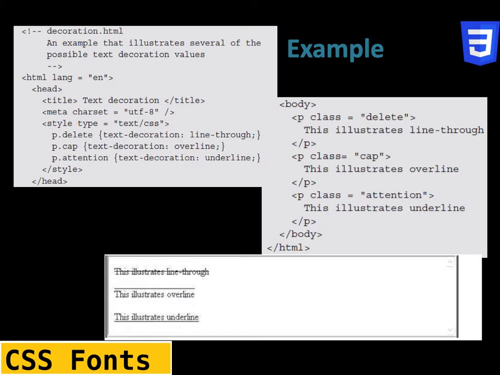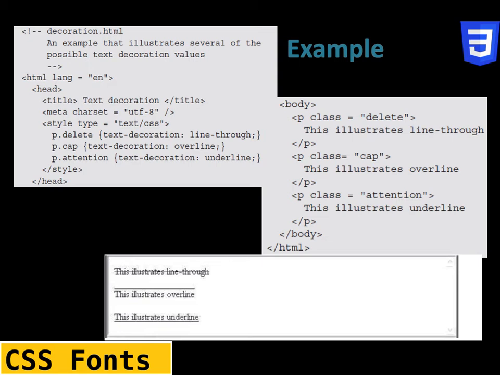P.cap, the second class is cap. Text-decoration value is overline. So over the text there will be a line. P.attention, text-decoration underline. So underlined text will appear.